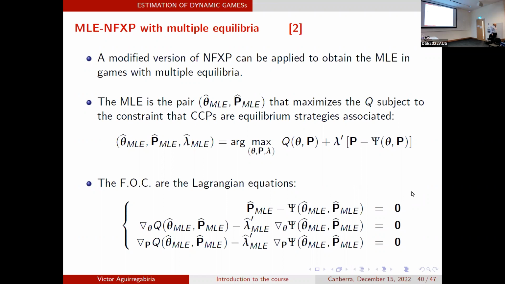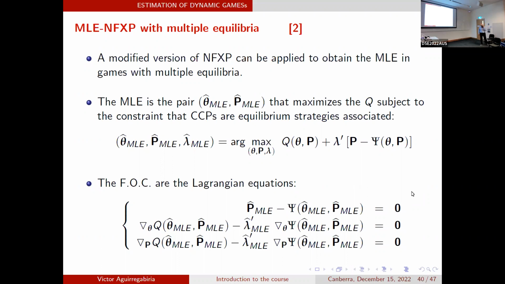Do you have other conditions ensuring that the class of equilibria is countable or finite? Excellent question. Yes, that's what I mentioned, it's possible to show.